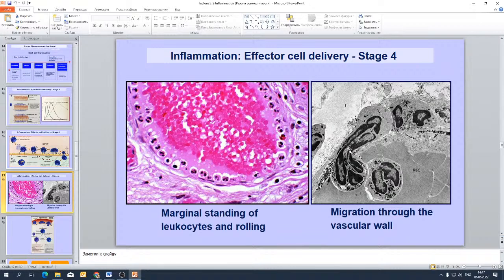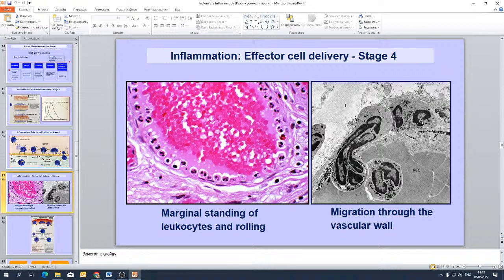The second leukocyte is localized in part of the vessel, going out from the vessel, so there is injury of the vessel walls.